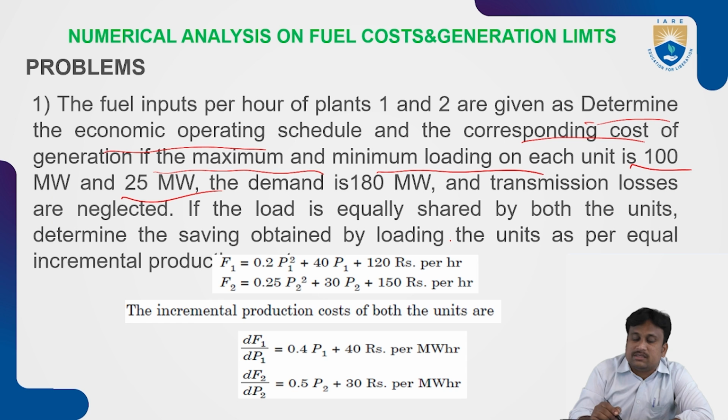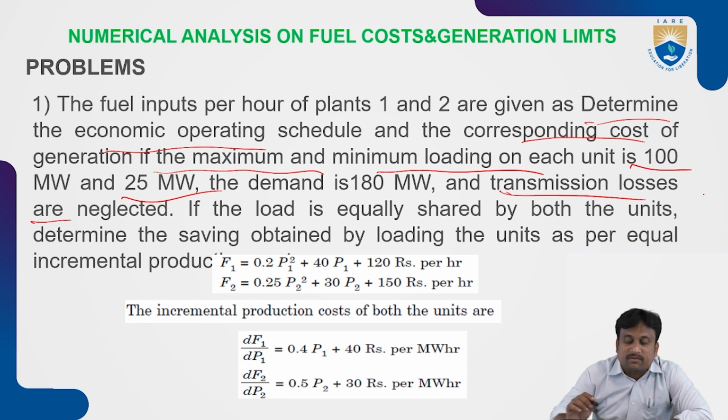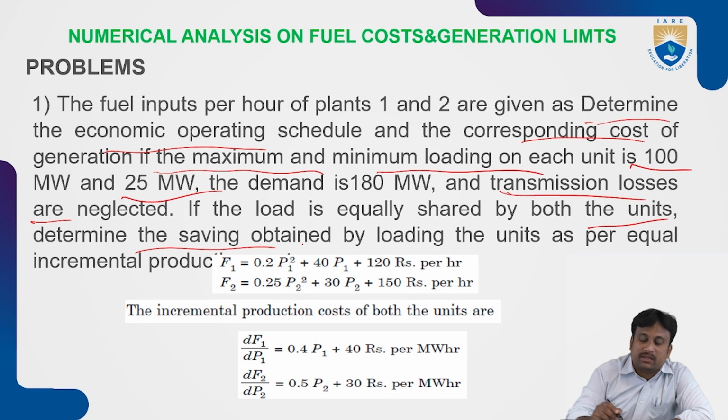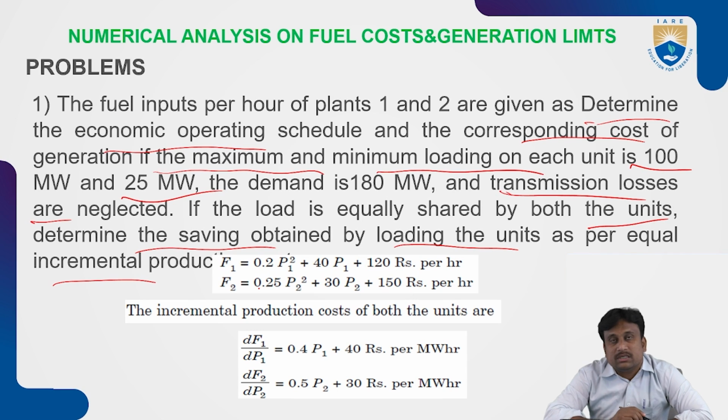The demand is 180 megawatts. Transmission losses are neglected. The load is equally shared by both the units, to determine the savings obtained by loading the units as per equal incremental production cost.